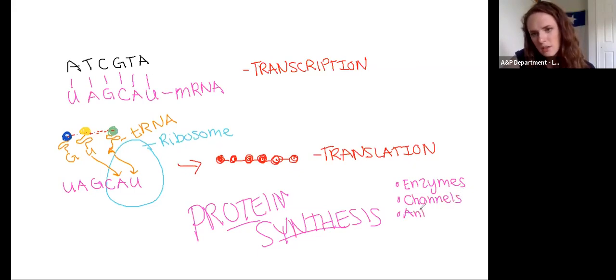Antigens are proteins. If you were asked what glucose was, that's a carbohydrate. That is not a protein. So if it asked, does protein synthesis make glucose? You would say no. But these three things are proteins.